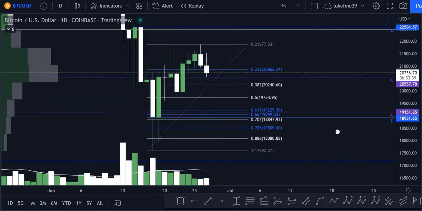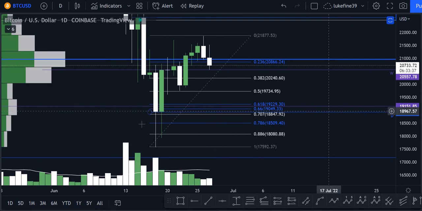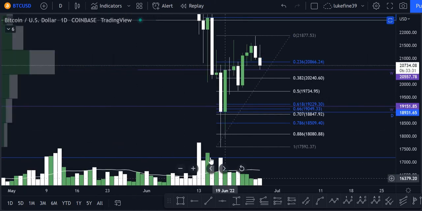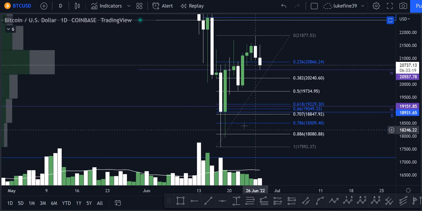Okay, so we have a weekly and daily support which held once. In my opinion, this weekly support held here, it wicked through, came up, came down, tested, kind of closed under but went up. So in my book, this weekly purple line held 19.15. On the daily it held.